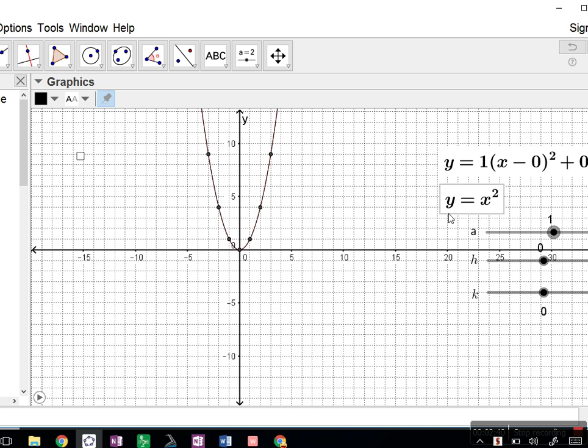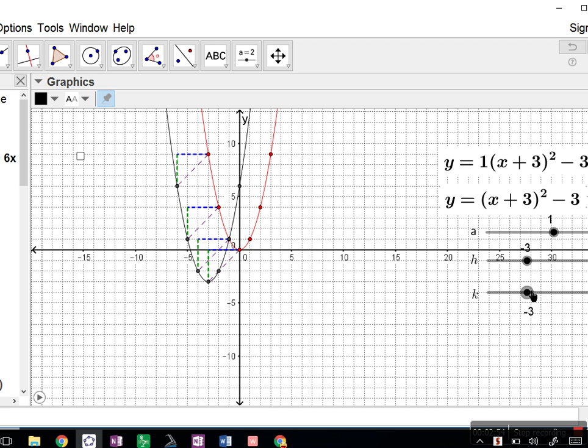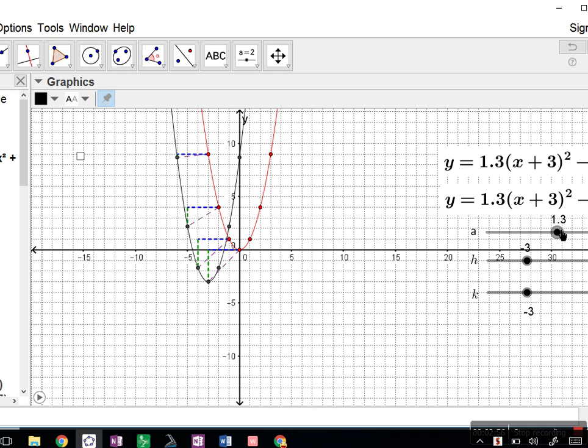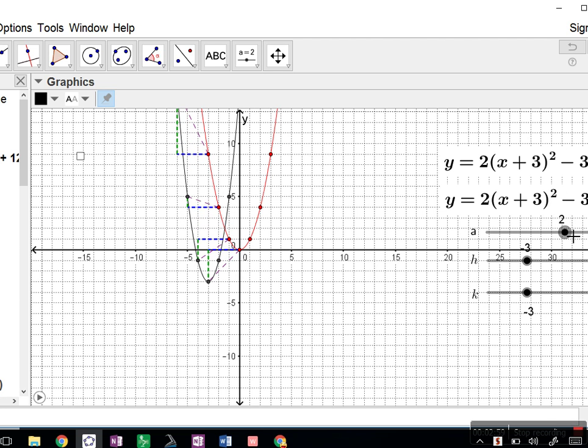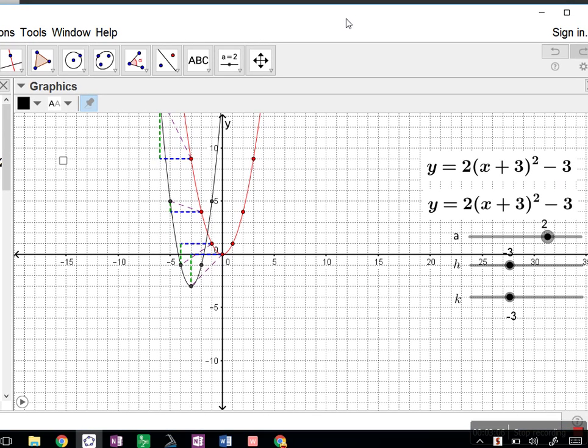If I move the h, it moves all the points, and you can see what the equation would look like. But it's still got an a value of 1 and a k value of 0. If I move the k value, and then I can also move the a, let's say, up to 2, that is an example of a quadratic equation with every kind of transformation that you could have. It's got an a, an h, and a k that are all changed.